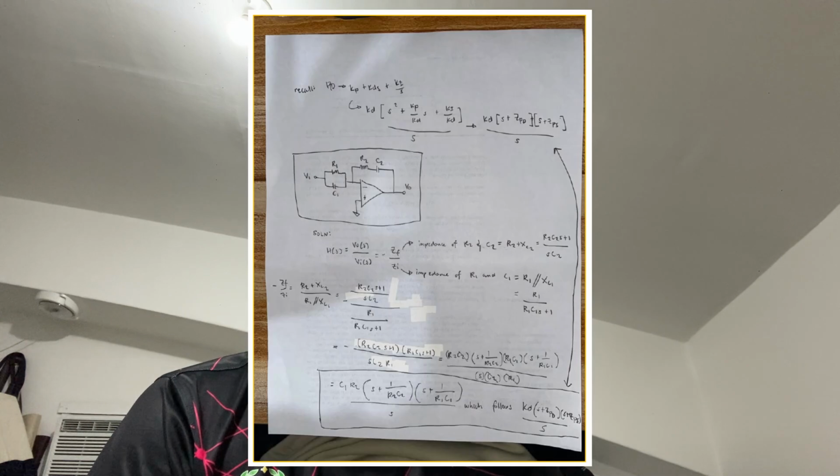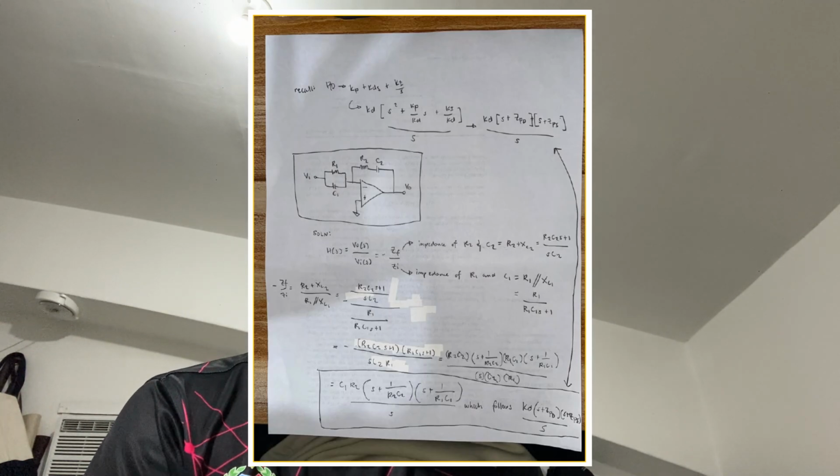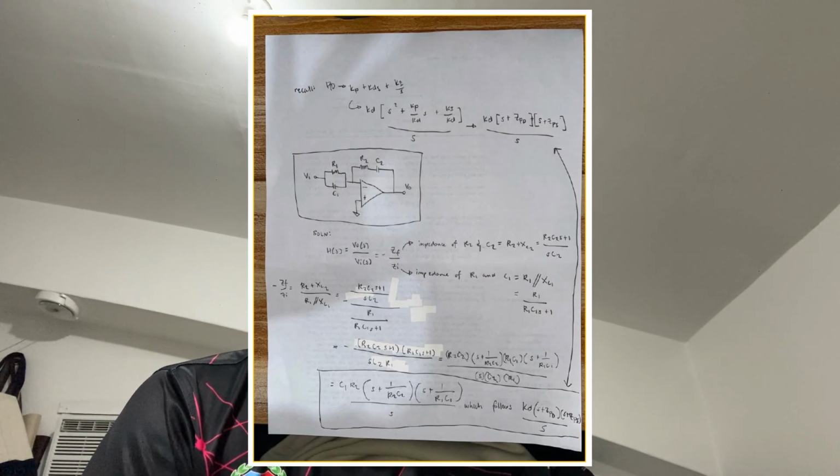So that would constitute the equation Kp plus KdS plus Ki over S. So we then solved a couple of questions and then ultimately answered the question seeking for a PID system yet only utilizing one op-amp.